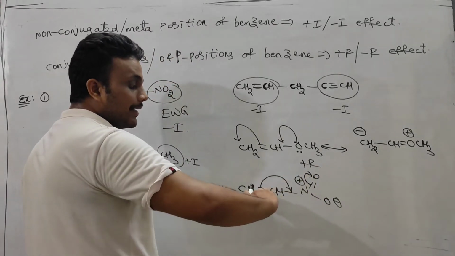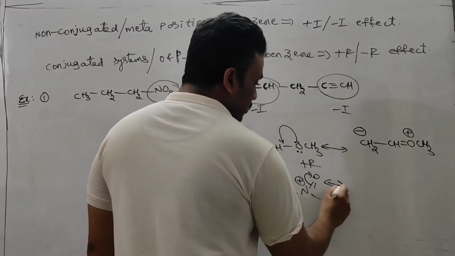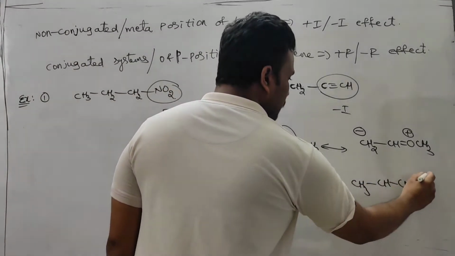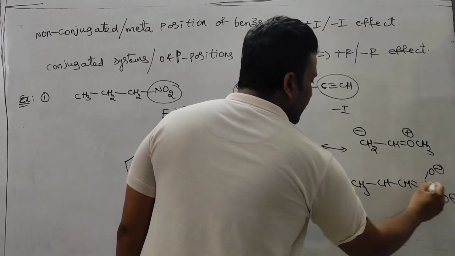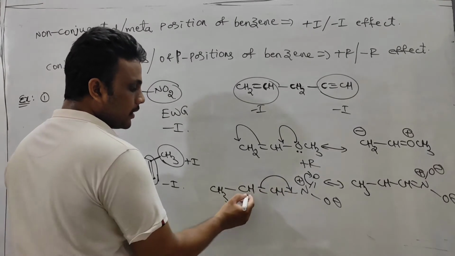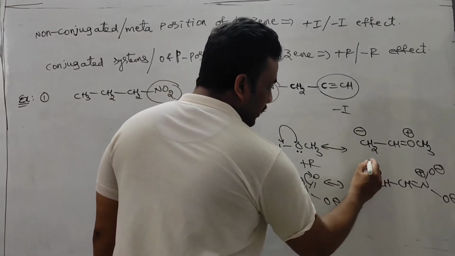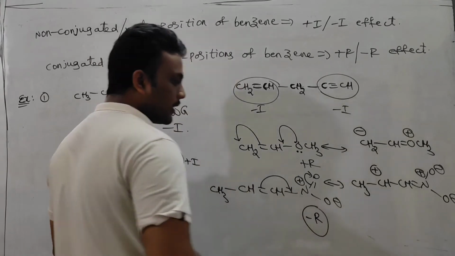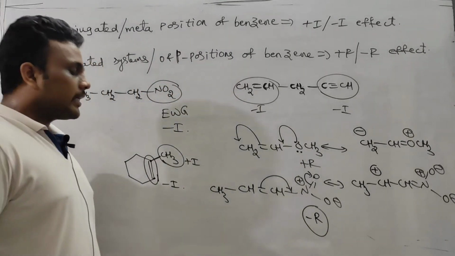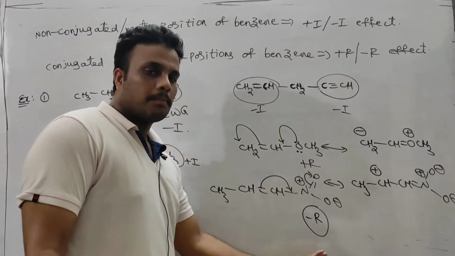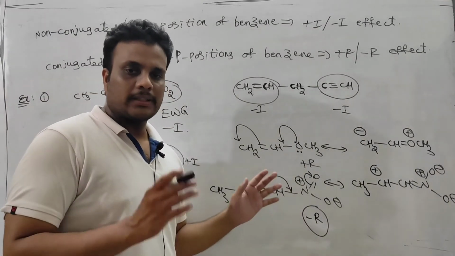It decreases electron density in the conjugated system. O minus, nitrogen as usual shows plus charge, so this pi bond shifted here, so this carbon gets electron deficiency, so this behaves like a minus R group. So the same nitro group is a minus I group here, but a minus R group here. So the logic is simple.